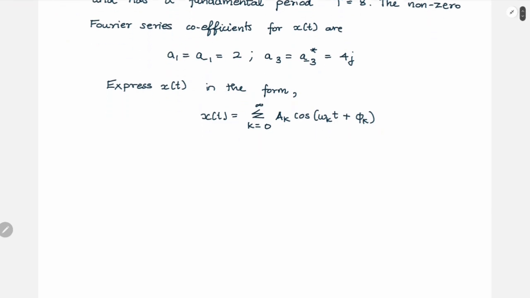So we saw the Fourier series representation in the form of complex exponentials, which is given by summation from minus infinity to infinity ak e power j k omega naught t.